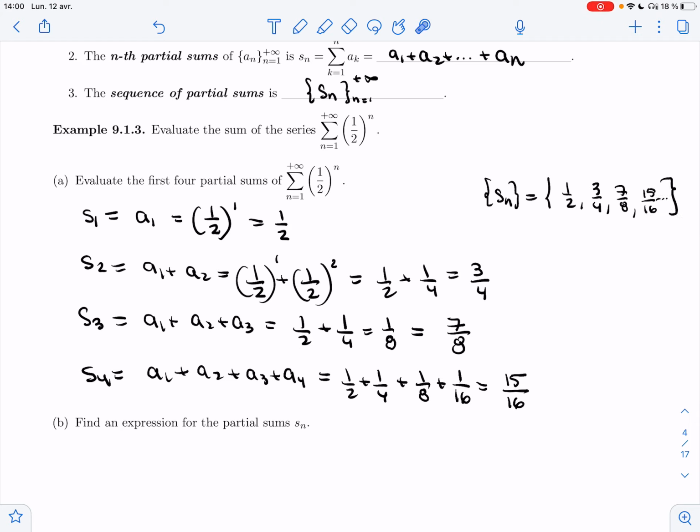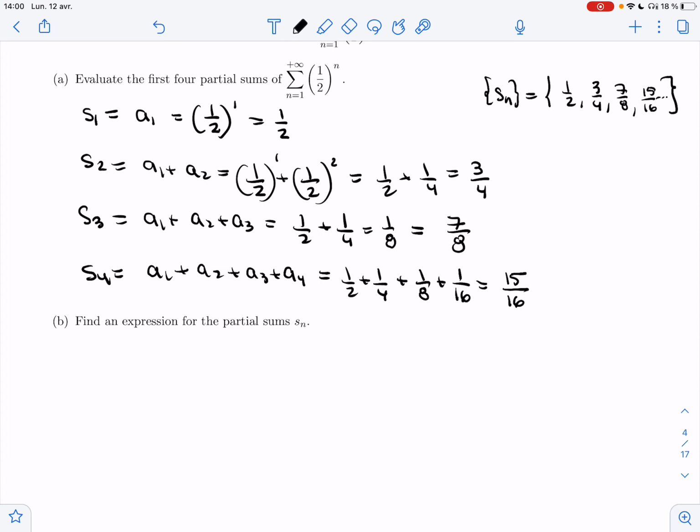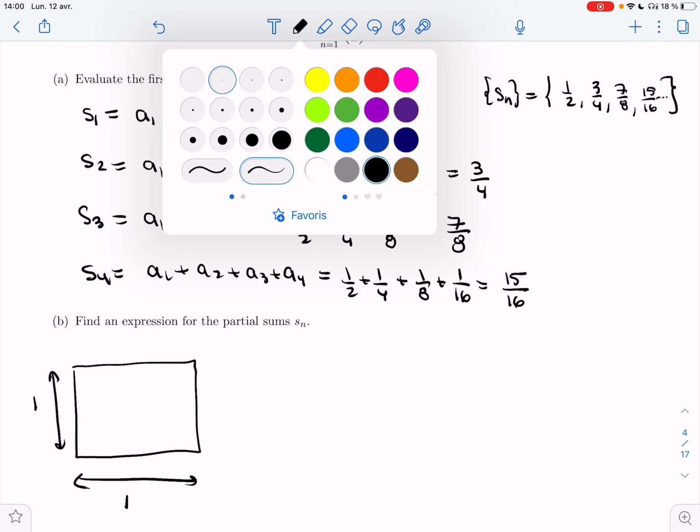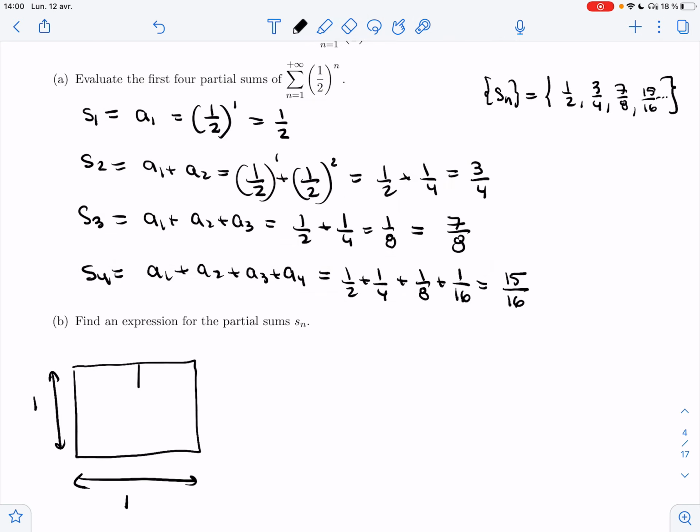All right, so now we want to figure out what the full complete sum is. And so I want to find an expression for the partial sum Sn. All right, so I'm going to draw a picture here. I'm going to draw a square that's 1 by 1. All right, so the first term is 1/2.